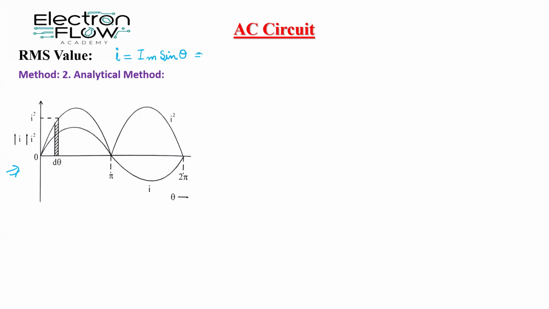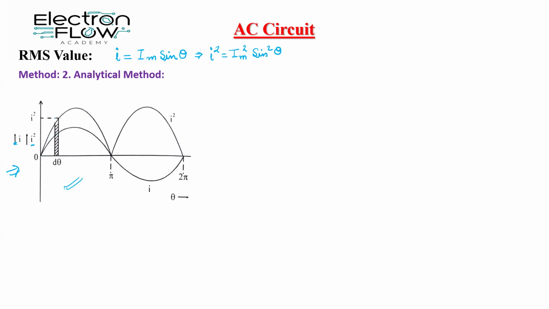So we can rewrite this as i square is equal to Im square sine square theta. The waveforms of i and i square are shown here.